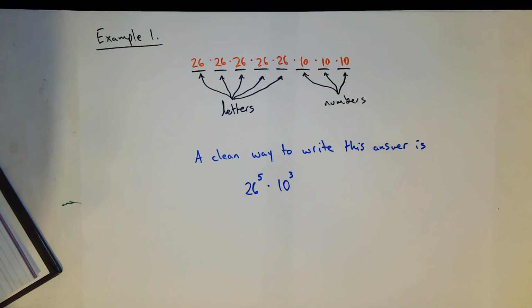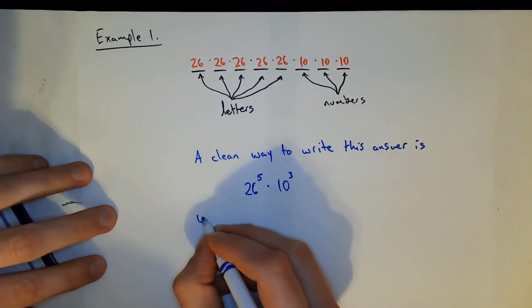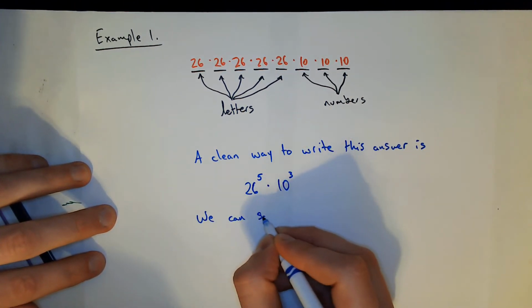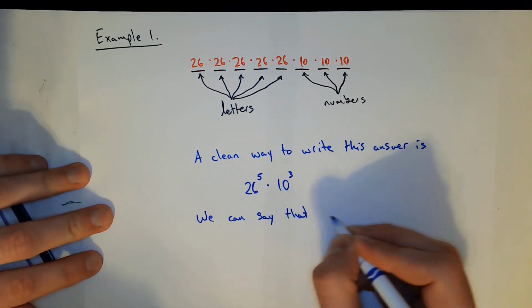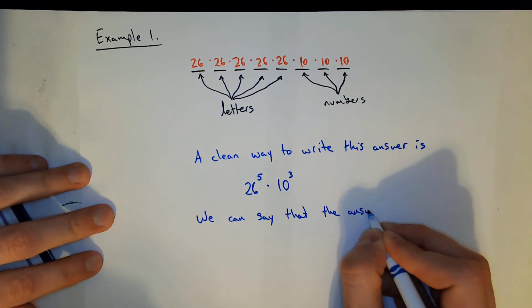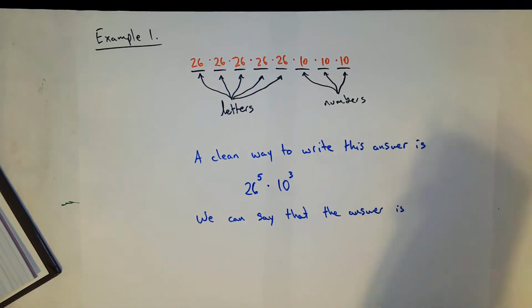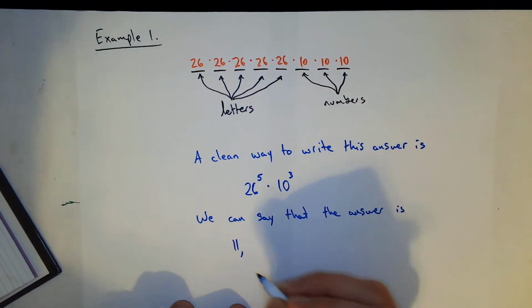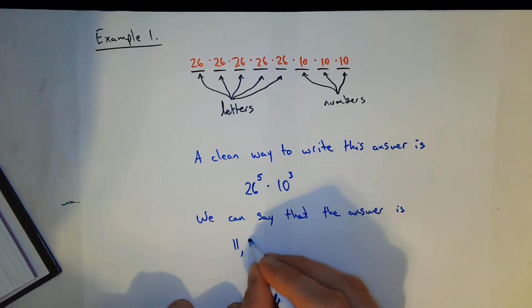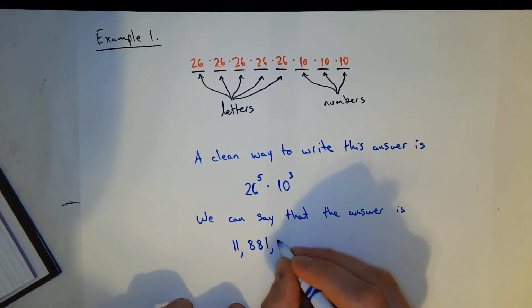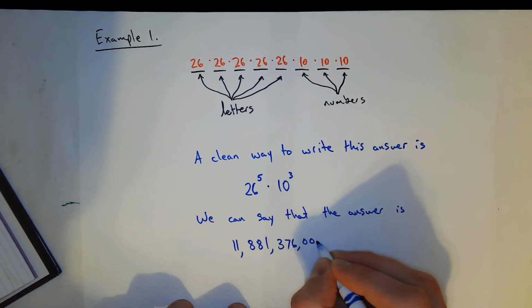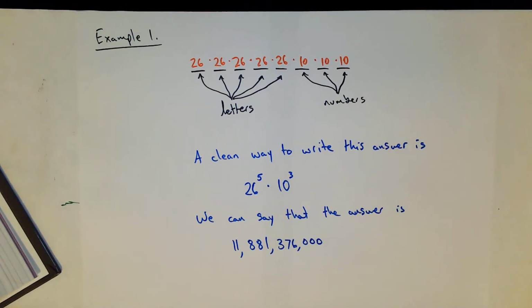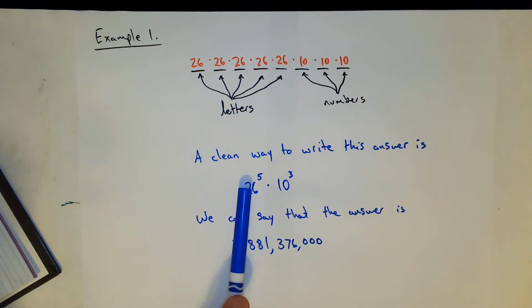So that's using exponent notation. But if we just wanted to write out what this product actually is, it is 11,881,376,000. So this is a nice, clean, compact way of writing the answer.